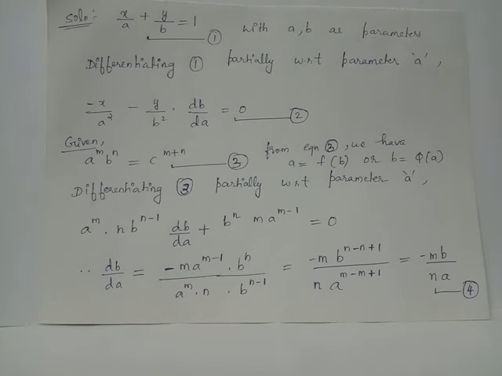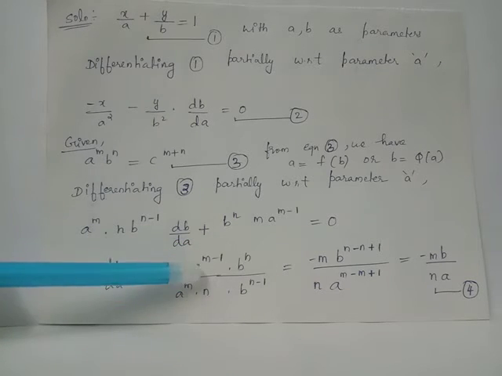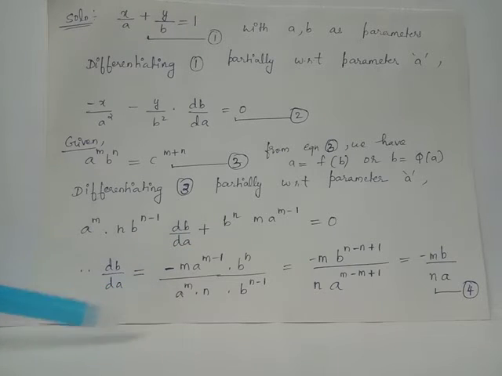We have a raised to m minus 1 upon a raised to m equals 1 by a raised to m minus m plus 1, which equals 1 by a. We just take b raised to n minus 1 to the numerator and a raised to m minus 1 to the denominator and apply the exponential law. Thus we have db by da equals minus mb divided by na. Let us call this equation 4.